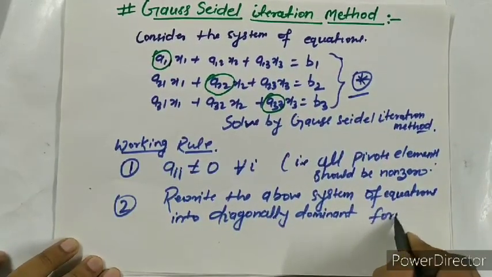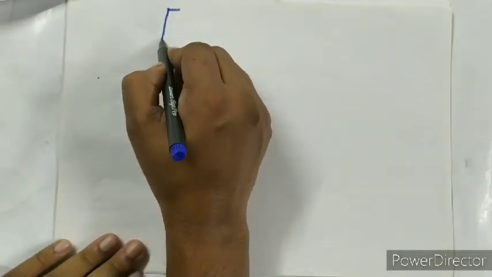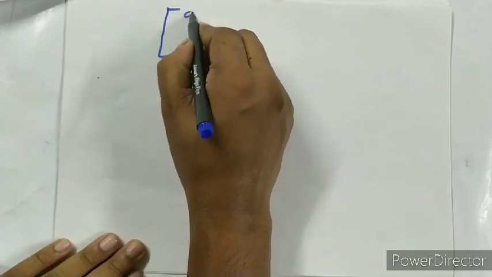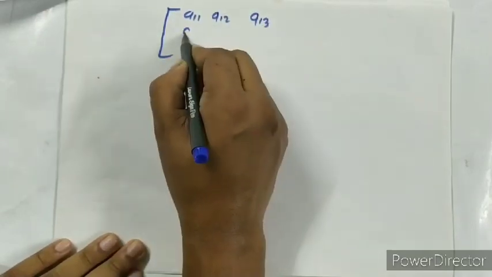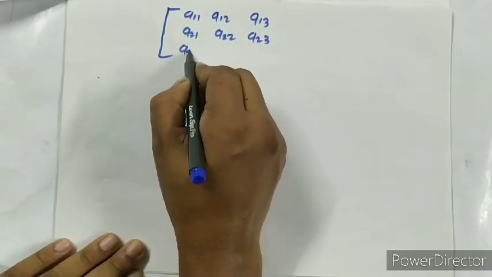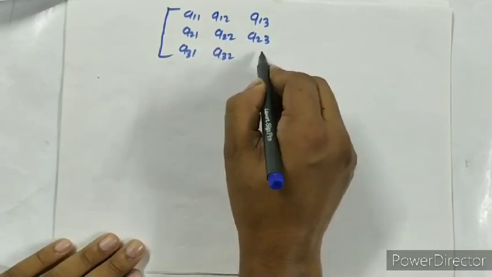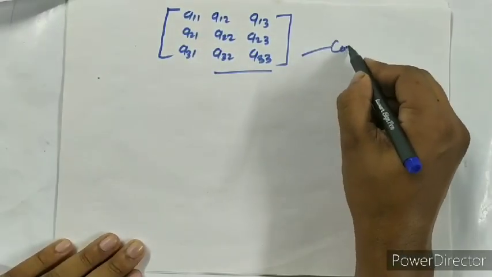What is the coefficients matrix? A11, A12, A13, A21, A22, A23, A31, A32, A33. This is the coefficients matrix.